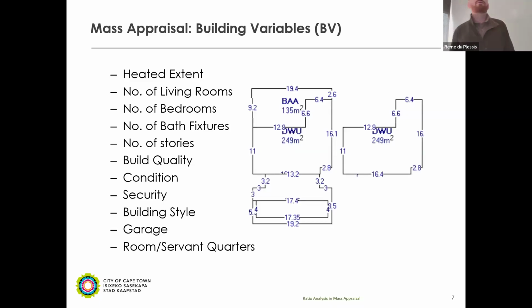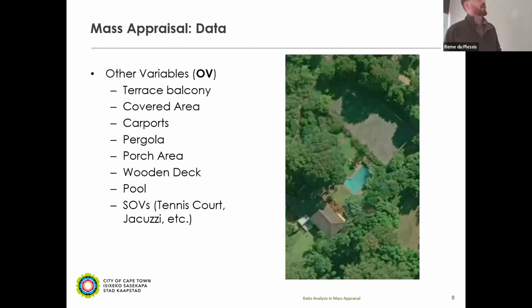Oftentimes we have attached areas, for instance, to the house, like attached garages, attached storerooms, etc. Oftentimes you don't want to distinguish between what the use is of the area, but simply that such an area exists. So we oftentimes agglomerate them into variables like total attached areas, or in the case where we are looking at the yard more broadly, total detached areas, etc. That is how they end up entering our model.